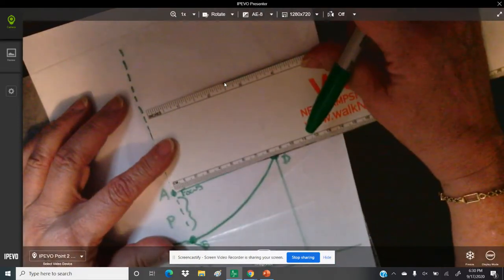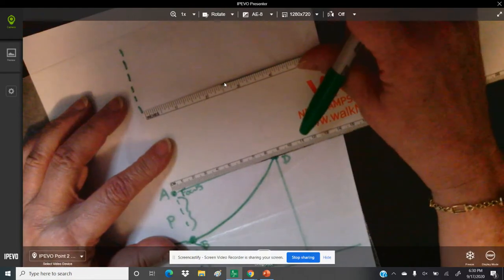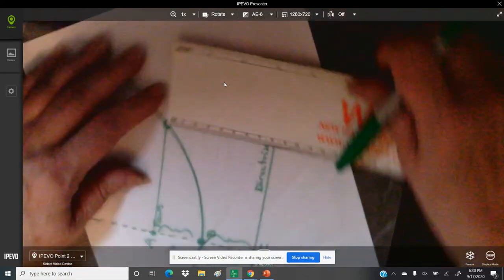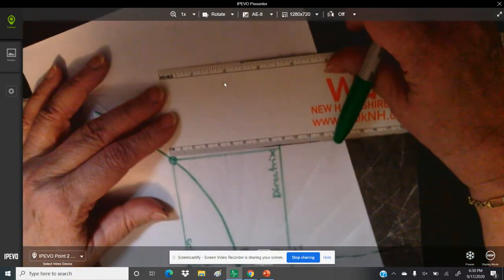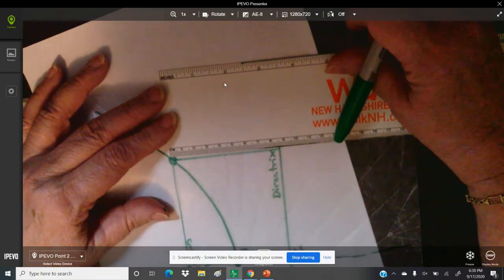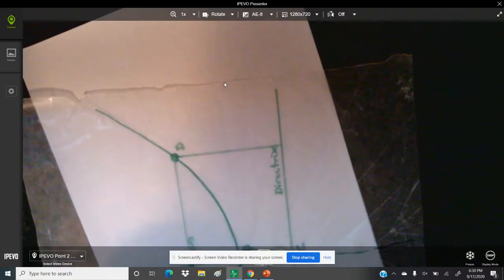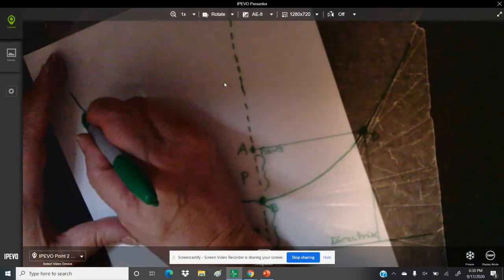So again, if I measure this distance here, you can see this is maybe 8.5 centimeters. And if you look here, again, it's 8.5 centimeters. It's pretty close considering how rudimentary this is done. And that'll work no matter where you put the dot on your parabola.